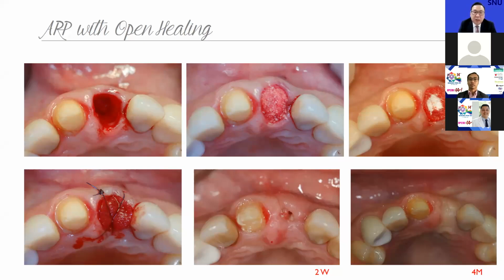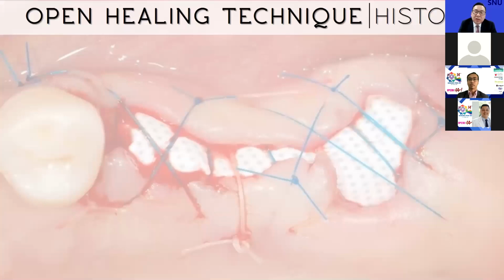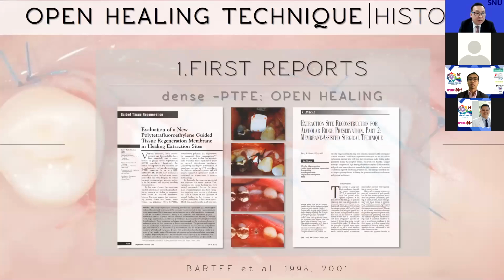And I wanted to start with the history of the open healing technique. It dates back to the late 1990s when Dr. Barty et al. published these two papers, which used highly dense microporous PTFE membrane instead of ePTFE membrane in socket preservation procedures, and then left them open to heal by secondary intention healing.